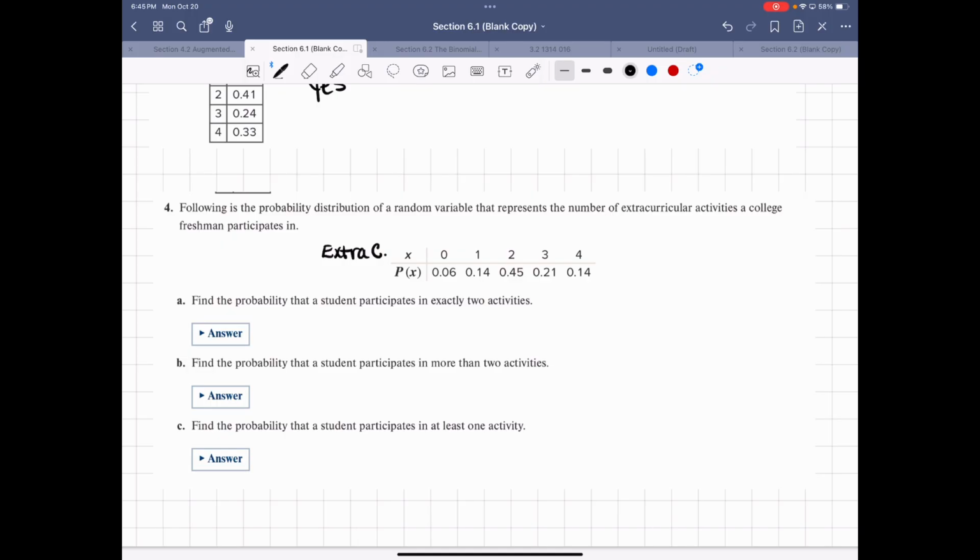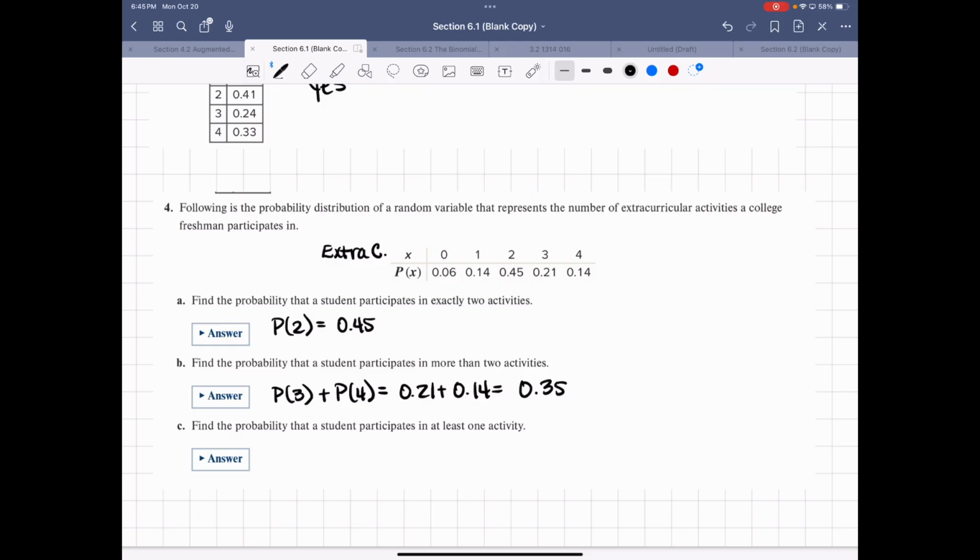Find the probability that a student participates in exactly 2 activities. So I want the probability of 2, which is going to be 0.45. Okay? Find the probability that a student participates in more than 2 activities. If it's more than 2, that means it's the probability of 3 activities plus the probability of 4 activities, correct? So I've got 0.21 plus 0.14, which gives me 0.35.